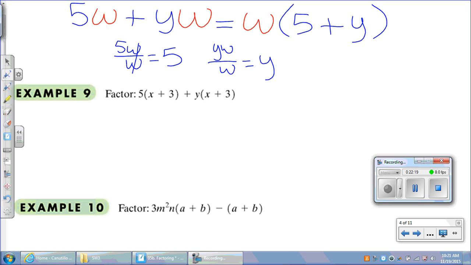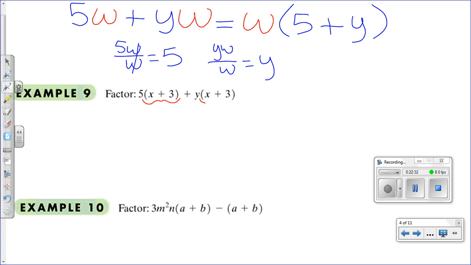Now moving on to example 9. I want you to look at both terms and tell me what do they have in common now. X plus 3, right? So now the factor they have in common happens to be a binomial. So it is just like we had a W here. Now it just happens to be a binomial. So what I'm going to factor out from here is going to be x plus 3.